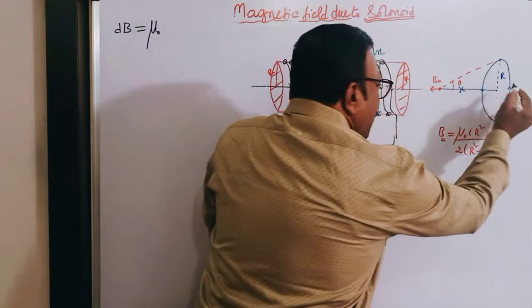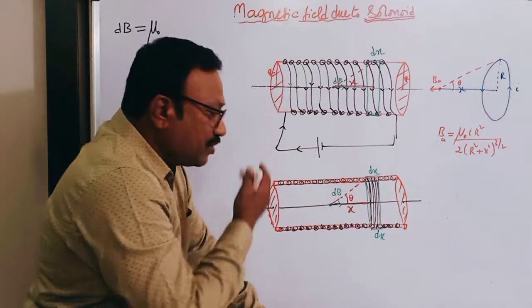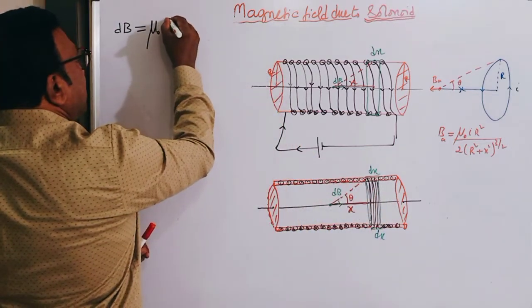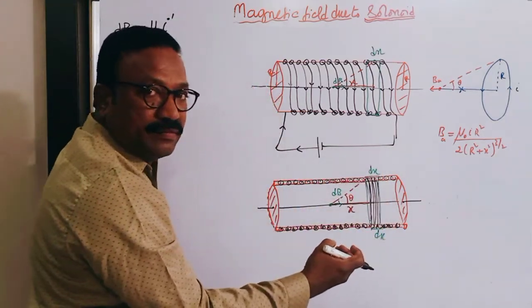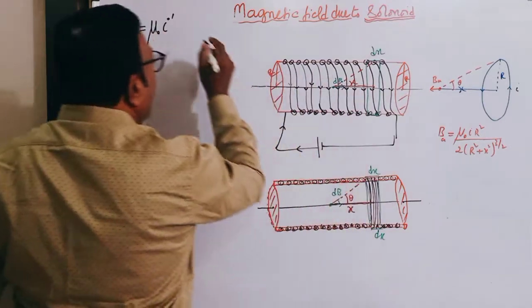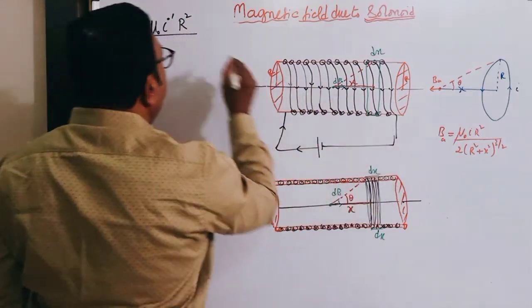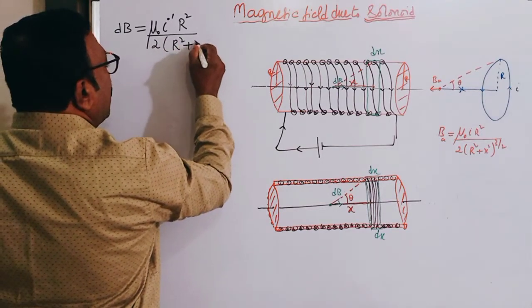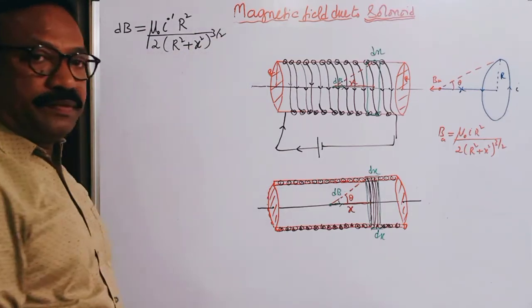When I am taking current here, only one turn you have taken, but there are so many turns. So I will take the current in this as I dash now. I dash is the current in this bunch. Okay. R square divided by 2 into R square plus x square whole to the power of 3 by 2.